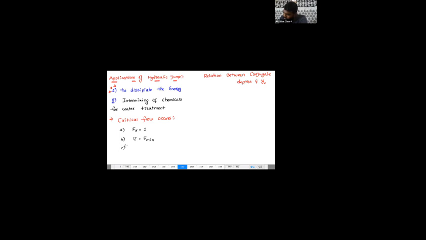C, if F becomes F minimum, critical flow is also going to happen. D, if Q is equal to Q maximum, then the critical flow is also going to happen. So if I give you this as an MSQ, the answers are going to be everything.